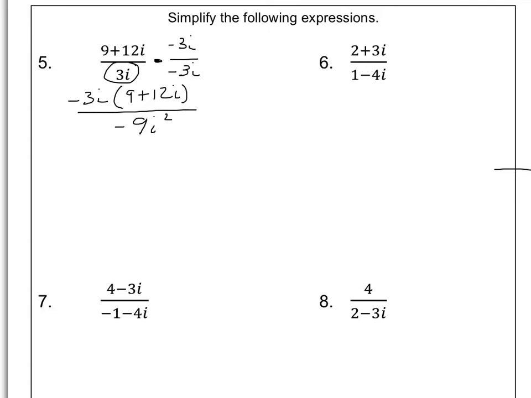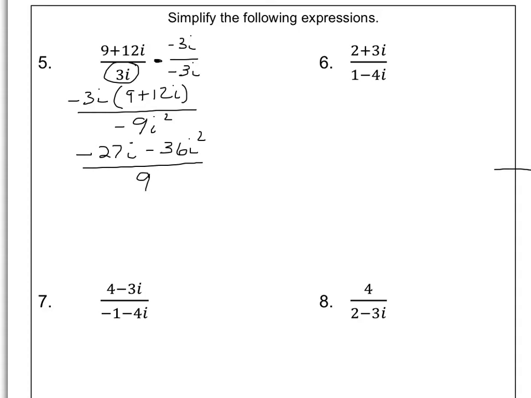And now I've got to distribute on the top, which is essentially what we did yesterday. When I distribute on the top, I get negative 27i minus 36i squared, all divided by, i squared is negative 1, so that becomes positive 9.